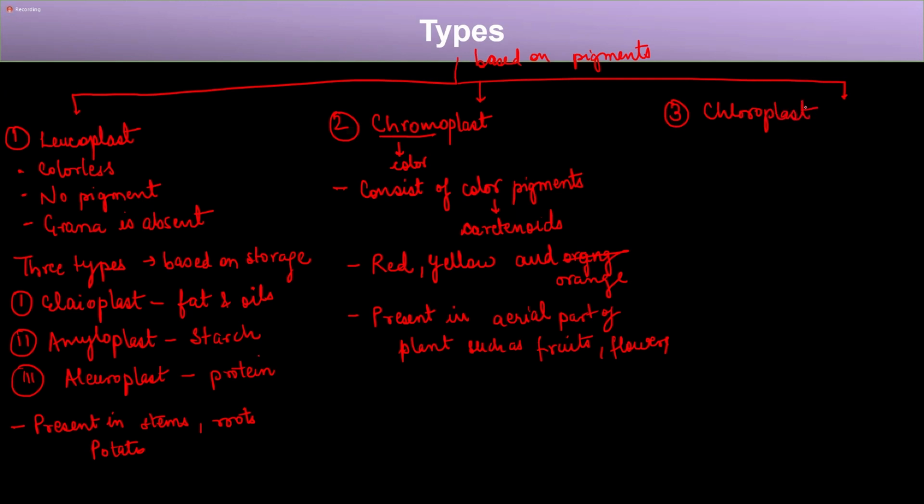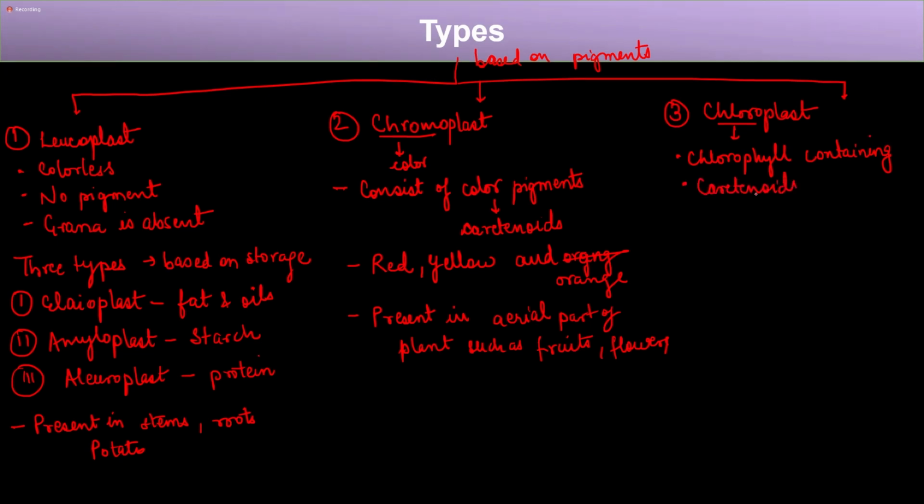The word chloroplast is derived from chloro, which comes from chlorophyll. So these are chlorophyll-containing plastids, and chlorophyll is another pigment. Apart from chlorophylls, they also comprise carotenoids.